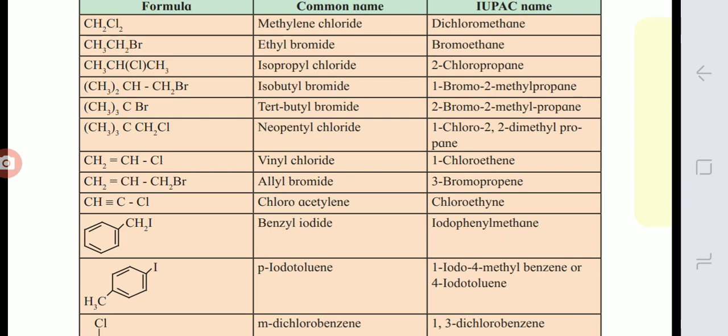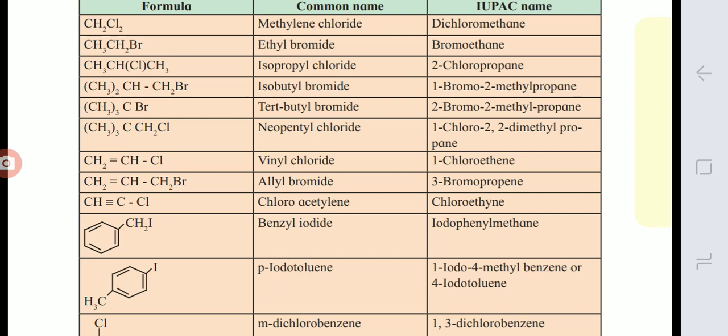Then in the next structure, the iodine carbon is carbon number 1 and the CH3 carbon is carbon number 4. So the name becomes 1-iodo-4-methylbenzene. But we can write another name also.